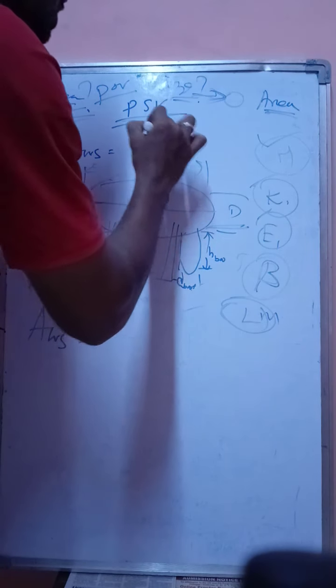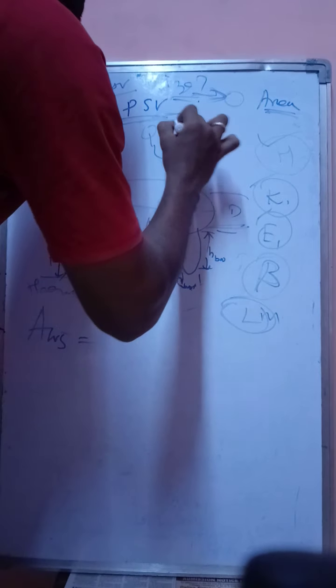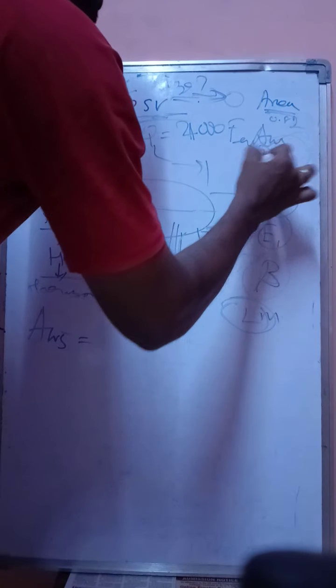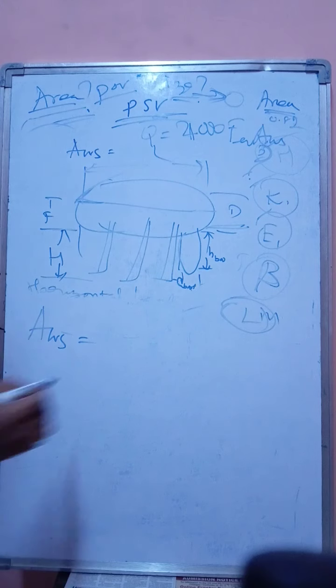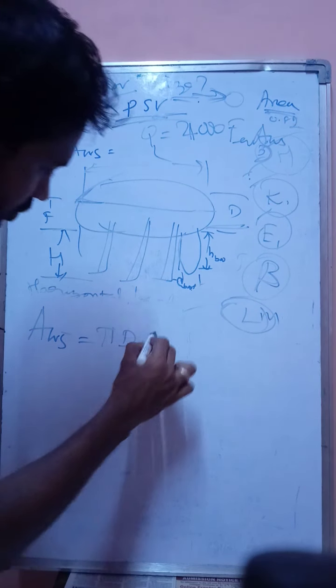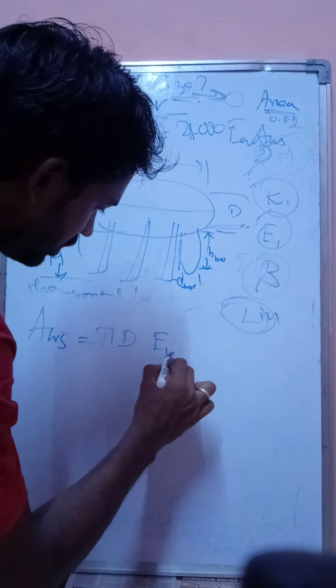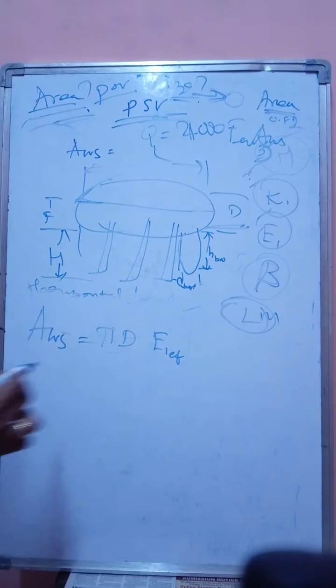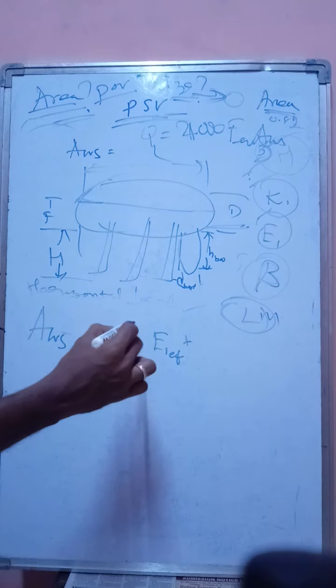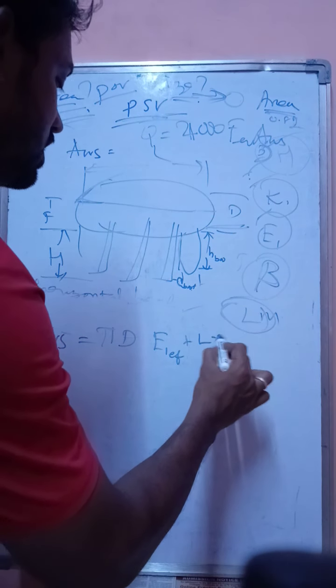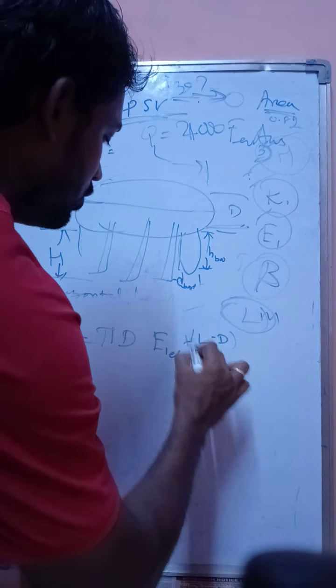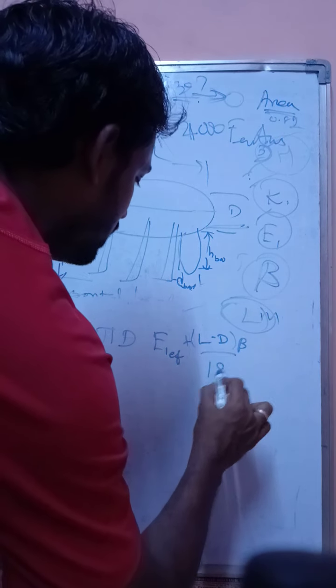To find the total heat load, which is 21,000 F1 factor into AWS or 0.82. So now we are finding this one, right? AWS is equal to ID into E1 effective plus L minus D into beta divided by 180.